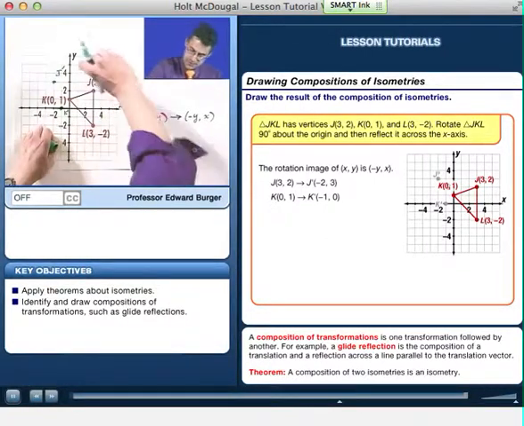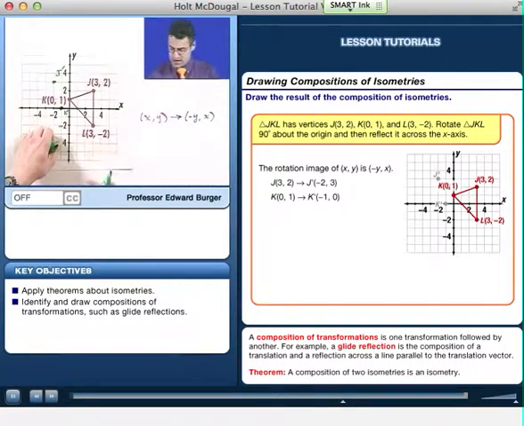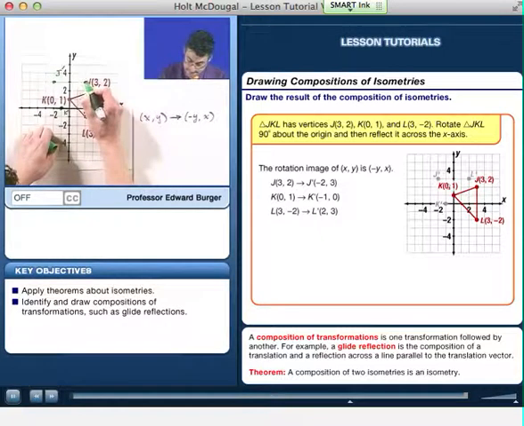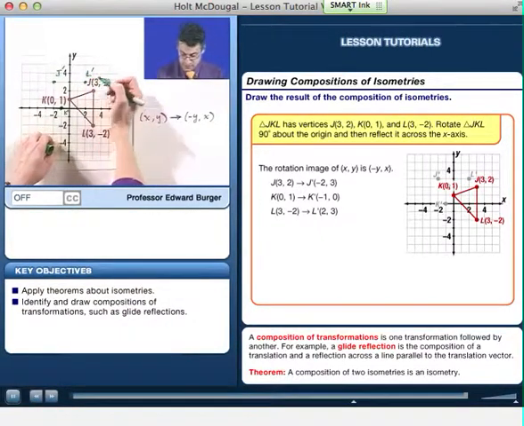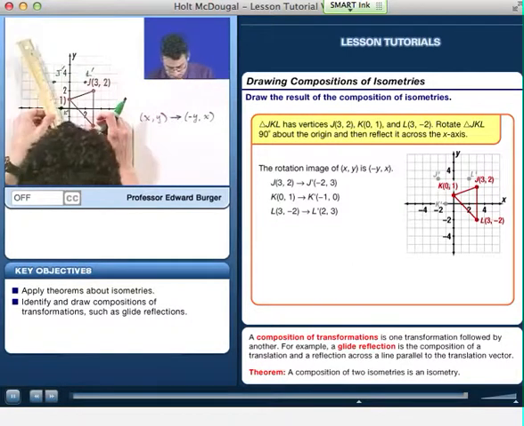So we're going to shift that 90 degrees counterclockwise, so it should probably be somewhere around here. 3 comma negative 2 becomes negative negative 2, which is 2 comma 3. So 2 comma 3 right here is L prime. So if we now connect those with straight lines, we're going to actually see the triangle.